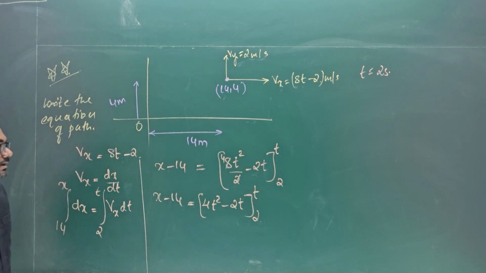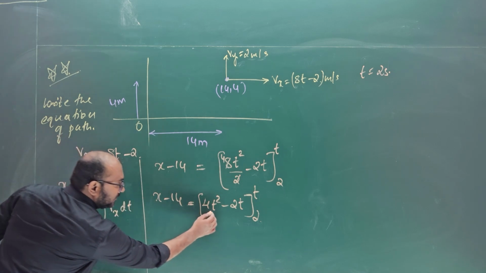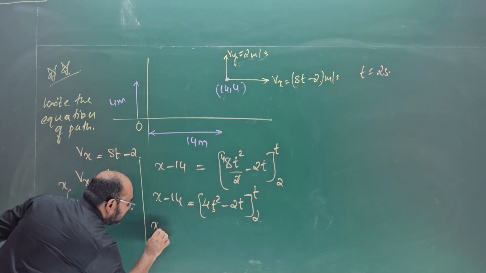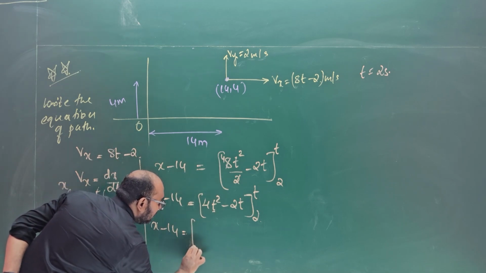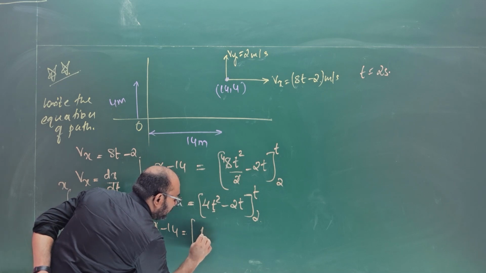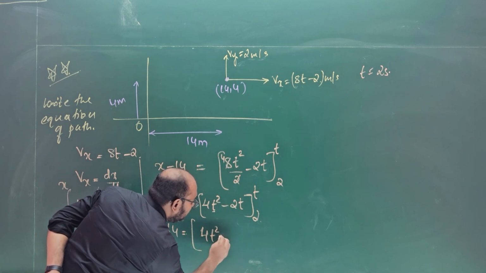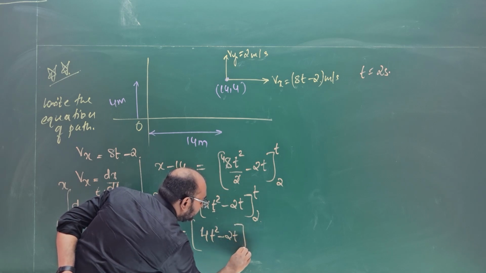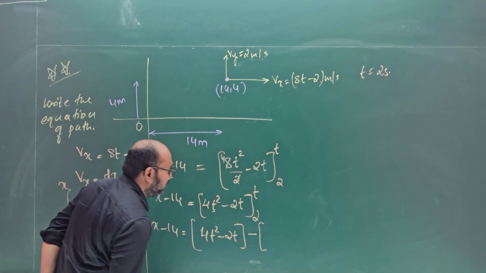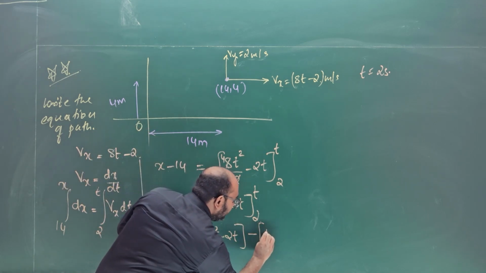Okay. Now, all you need to do is substitute the value of t and 2 in that formula. So x minus 14 is equal to 4t square minus 2t, with the upper limit t and the lower limit 2.